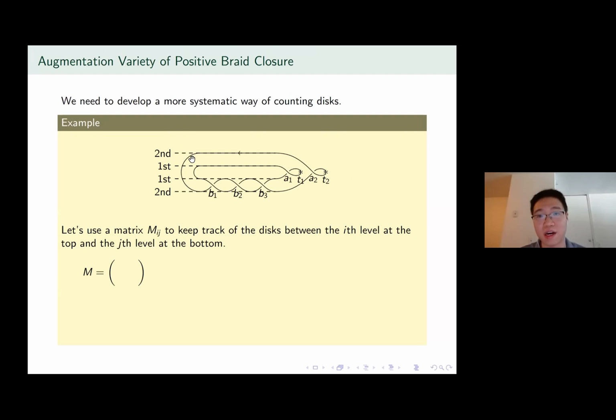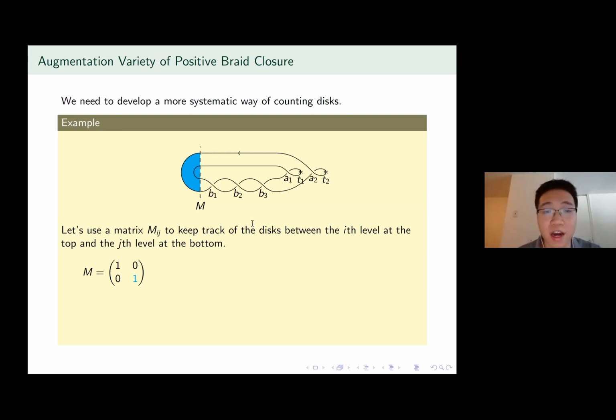Then you use a matrix M_ij to keep track of the disks between the ith level on top and the jth level at the bottom. Let's start. Level 1 on top and level 1 at the bottom, so the 1,1 corner is a 1. There's no disk between 1,2, and no disk between 2,1, but there's another disk between 2,2. So you have an identity matrix at this point.